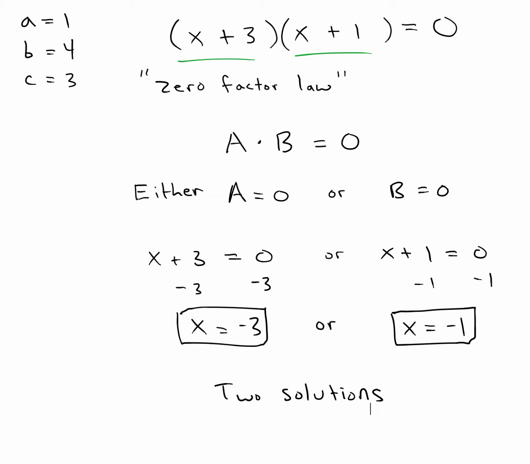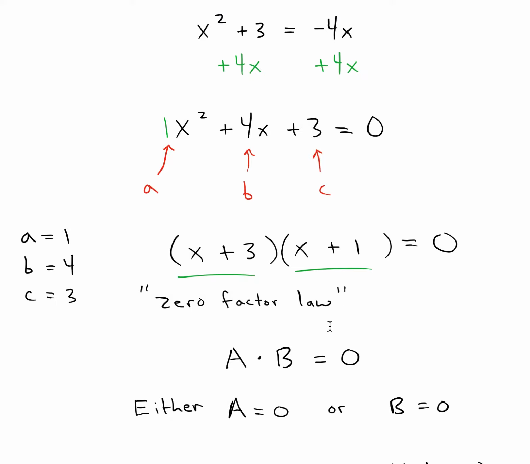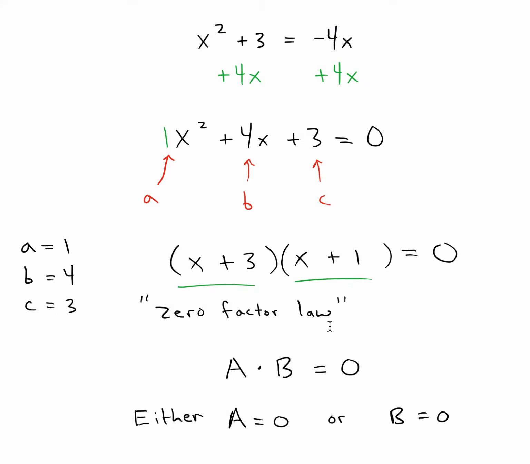Now we should look at what our quadratic equation looks like to see if we can graphically understand why these are solutions to it. Now in order to graph our quadratic, what we want to do is set the stuff on the left here equal to y.